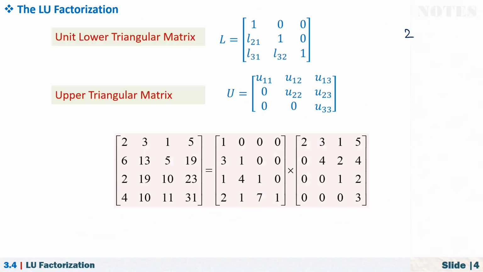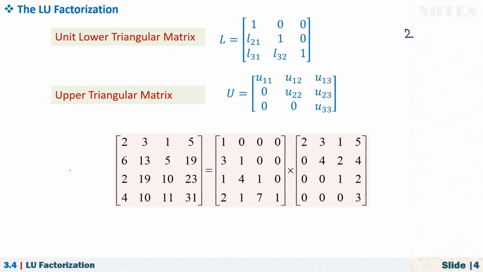So now the definition, unit lower triangular matrix. What is a unit lower triangular matrix? It's a matrix where all the elements in the main diagonal are ones, and elements above the main diagonal are zeros. Such matrices are called unit lower triangular matrices. And how about upper triangular matrix?